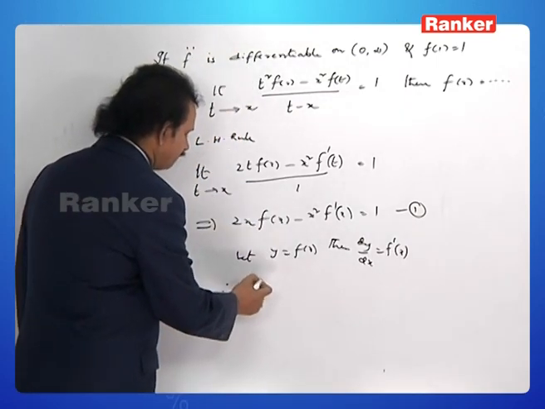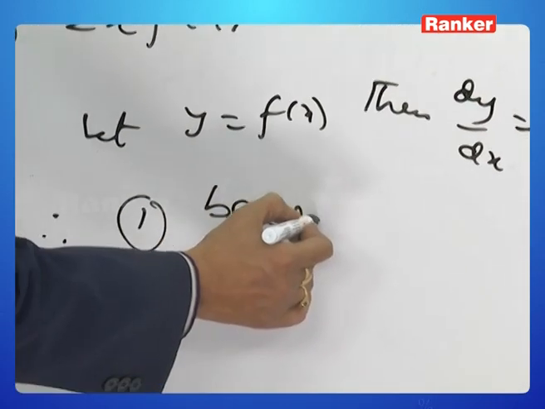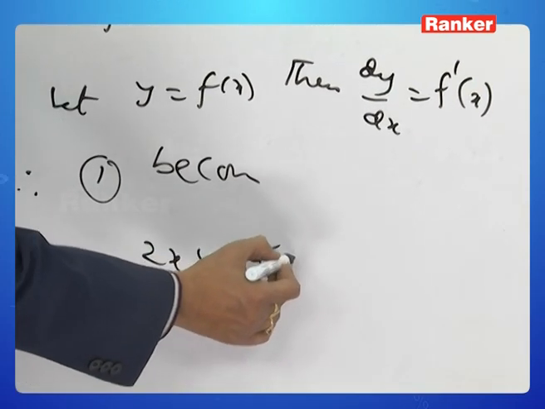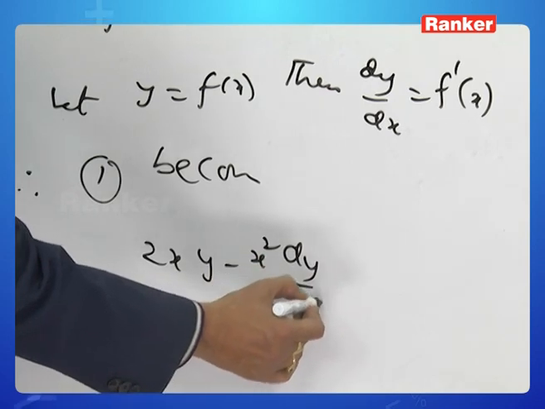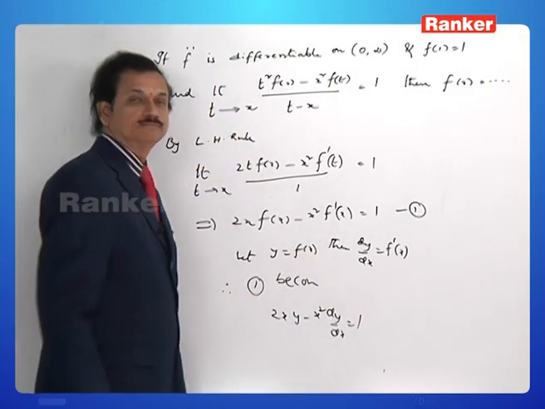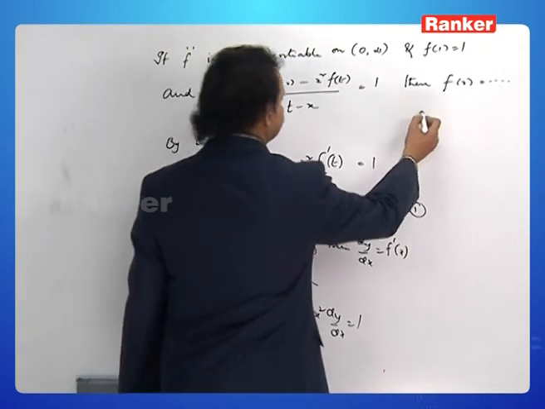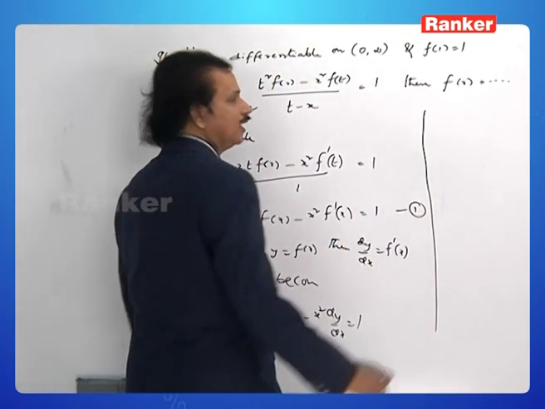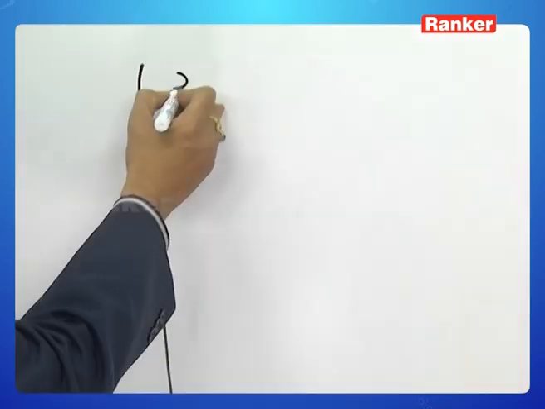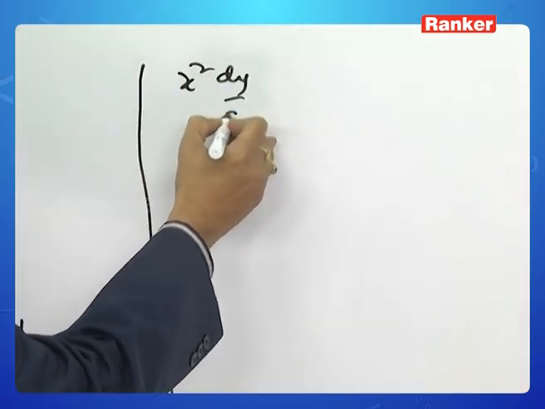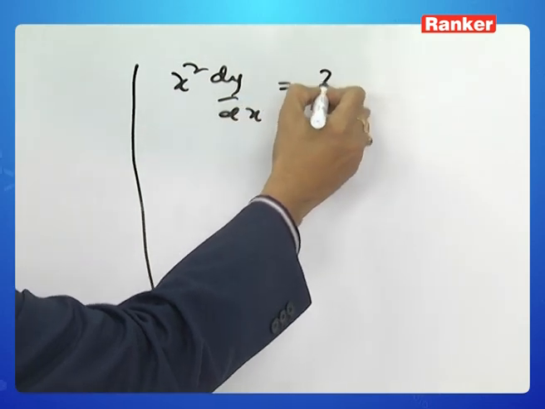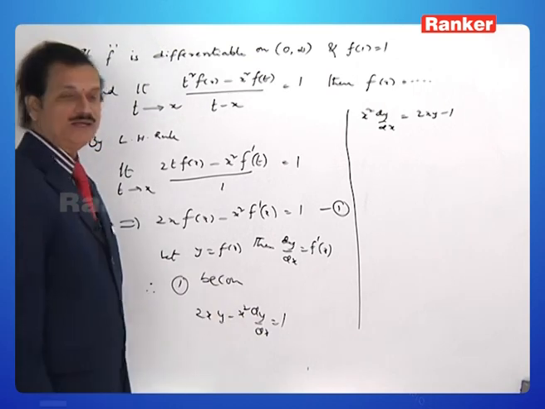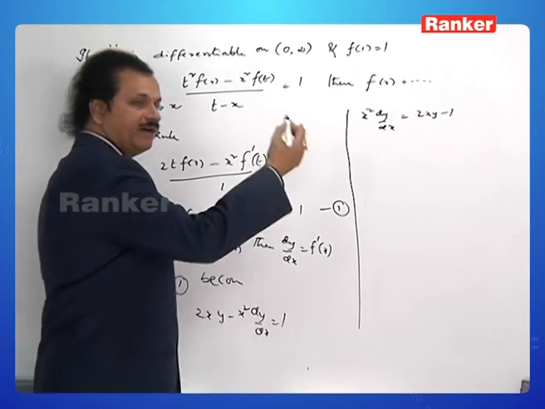Therefore, 1 becomes 2x into y minus x square into dy by dx is equal to 1. Or x square into dy by dx is therefore equal to 2xy minus 1, divided with x square.